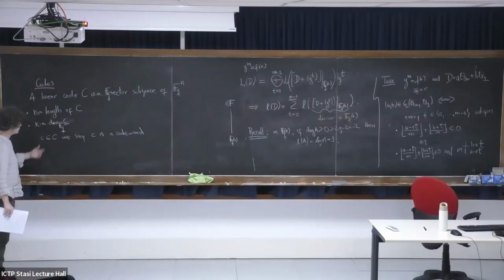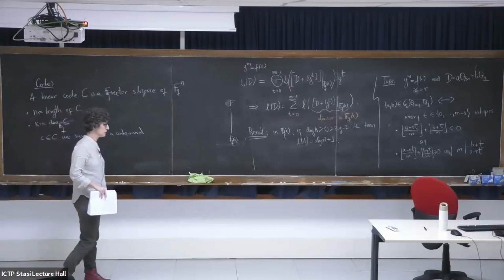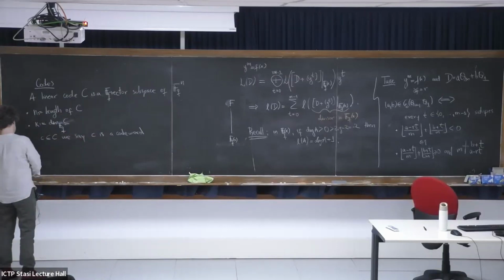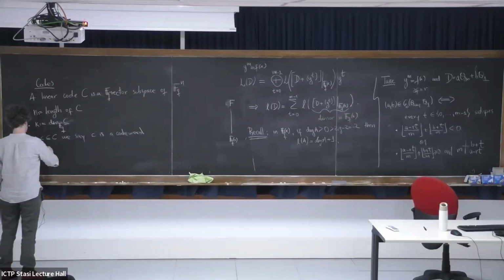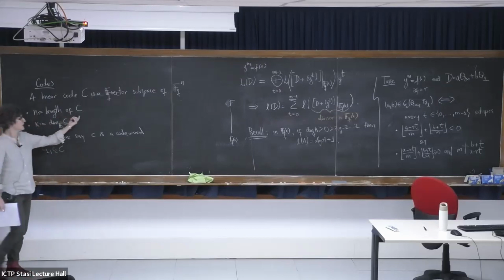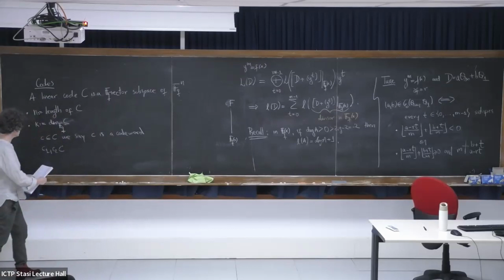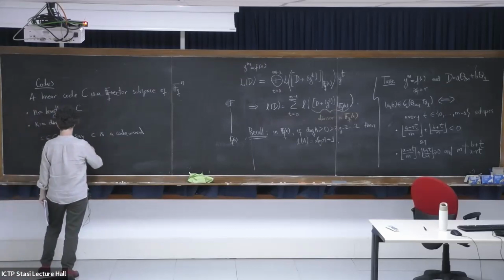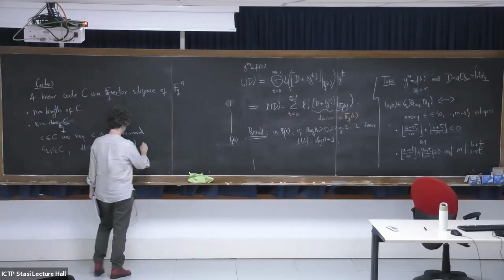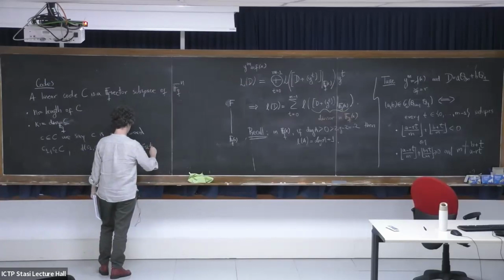We want to measure how far away code words are from each other, so we are going to use the Hamming distance. What is the Hamming distance? If I give you c1 and c2 in C, where C is in F_q to the n, so these are vectors, the distance between c1 and c2 is just the number of coordinates where they are different.